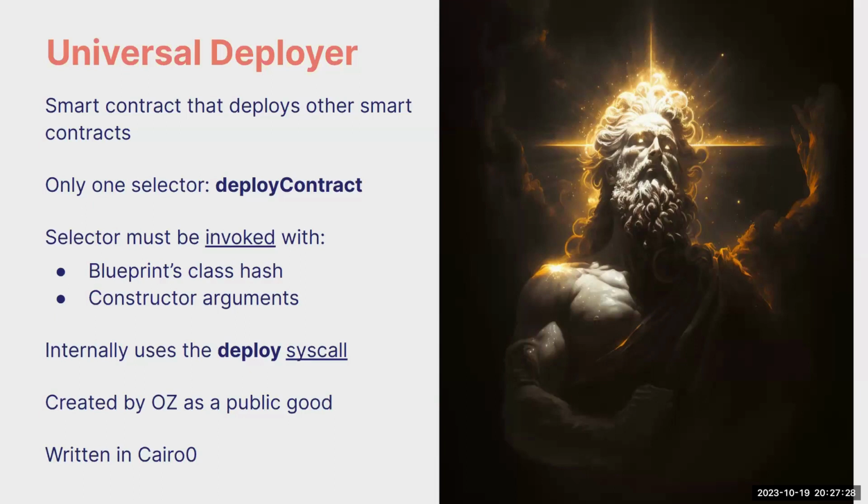An example is the syscall, which helps in deploying contracts. It's a method exposed by the network to deploy contracts, and this is what the universal deployer leverages. To clear up any confusion from that.